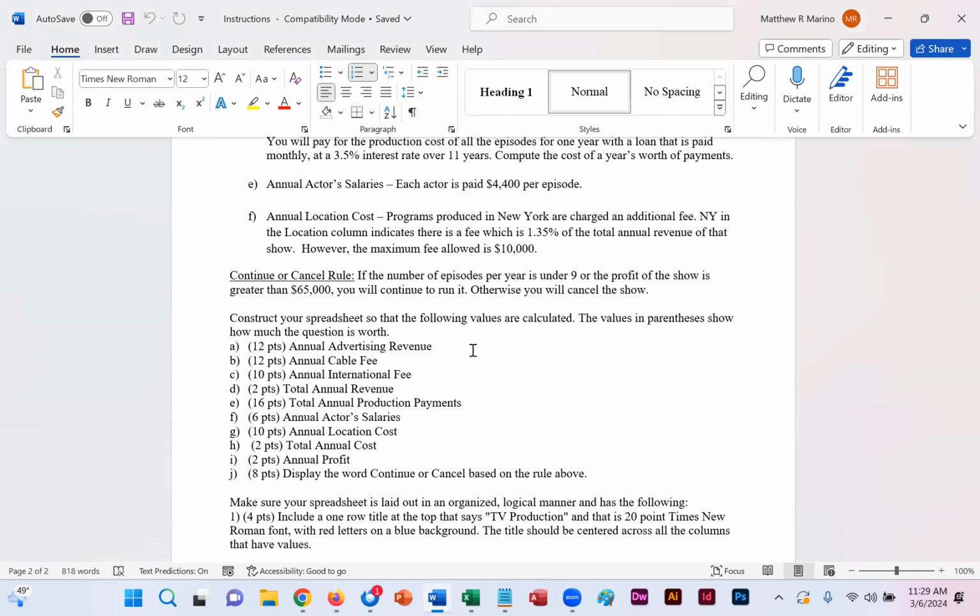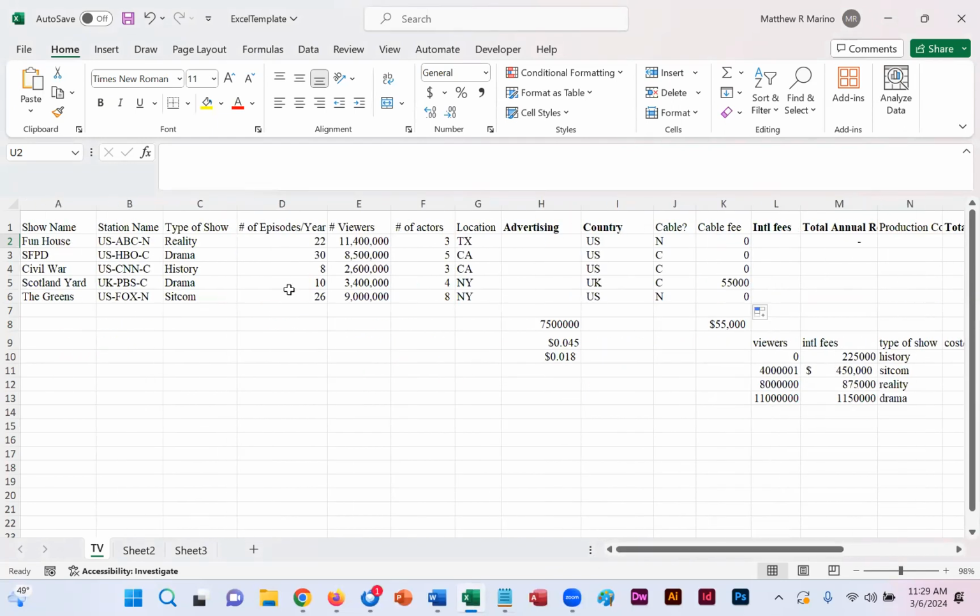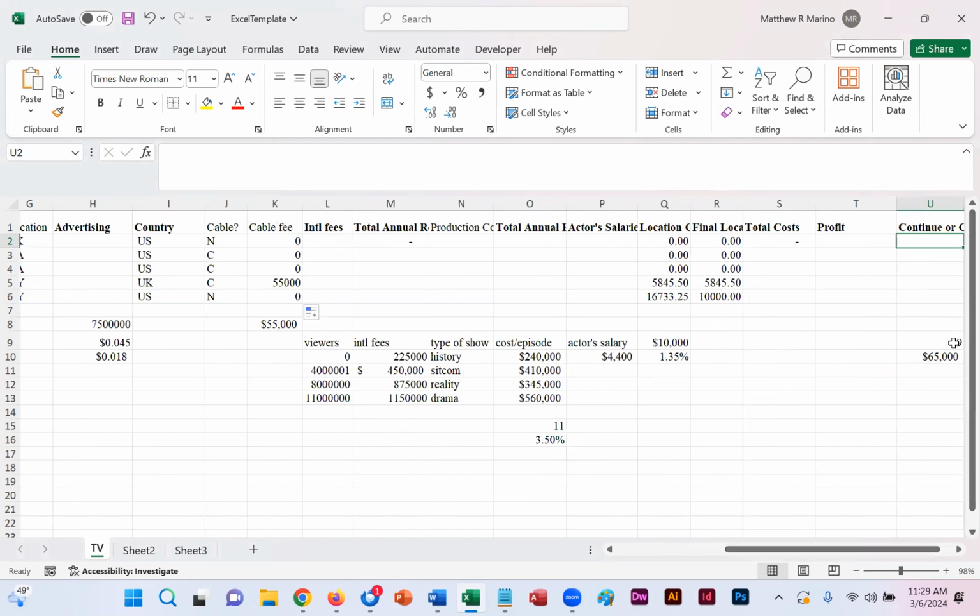So it's going to be an if or function where you check to see if episodes per year from column D is less than wherever you put the 9 assumption, comma, your profit here, wherever you put it, mine it's in column T, is greater than wherever you put the 65,000.